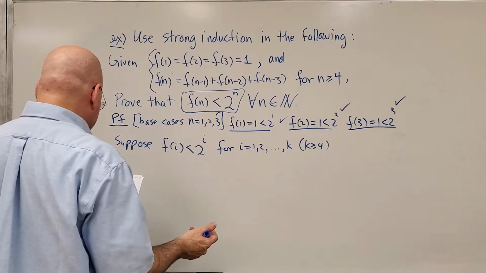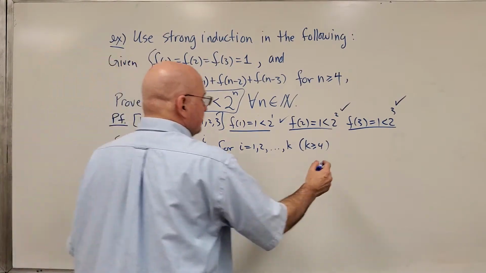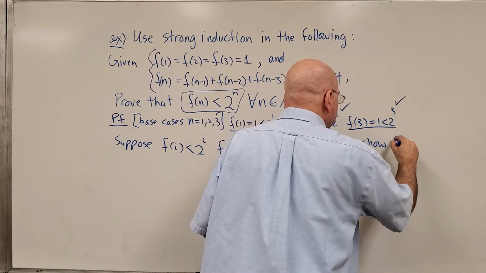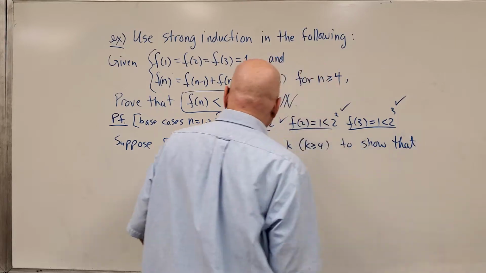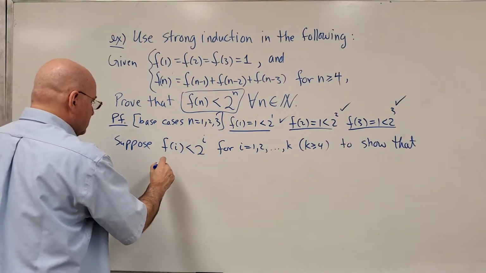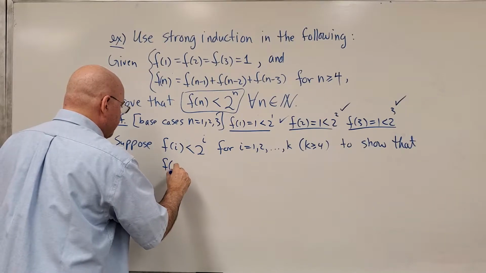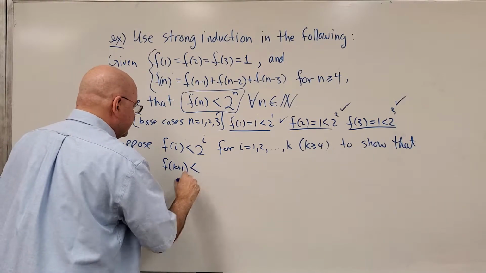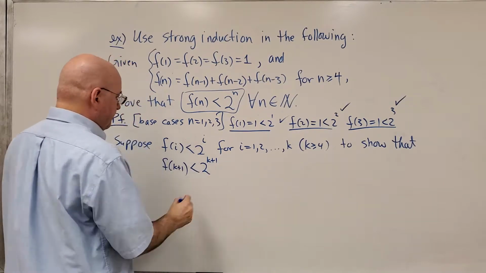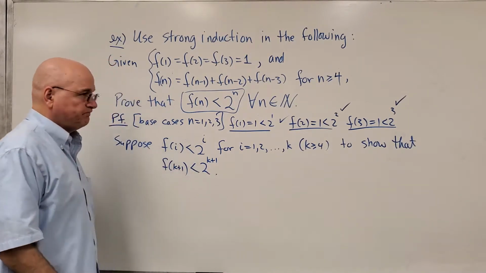And that'll be the end of the proof. It's a little bit of algebra. So suppose that's true. Let's write out what I want to show. To show that the k plus 1 term holds. To show that f of k plus 1 is less than 2 to the k plus 1. That's what we have to show is true.